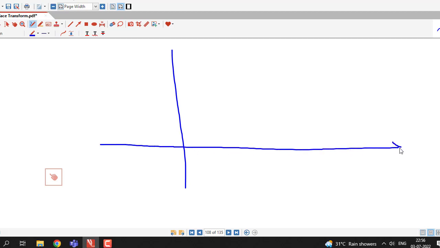For that I consider one graph of a function, and using that graph we will try to define Dirac delta function. Suppose this is x-axis and this is y-axis, and suppose I consider some fixed interval. Suppose this point is a, and suppose this distance is small k, then this point will be a plus k, and suppose value of function in this interval is f of t minus a.